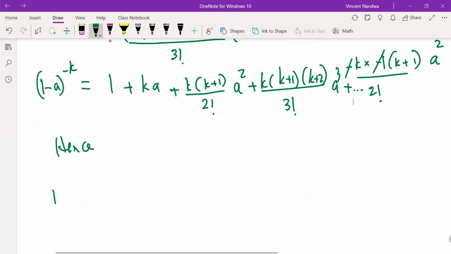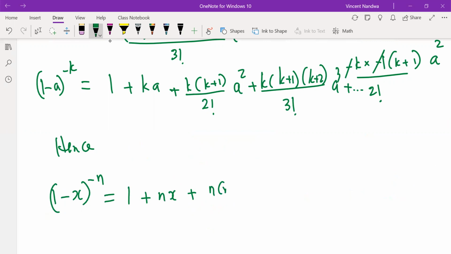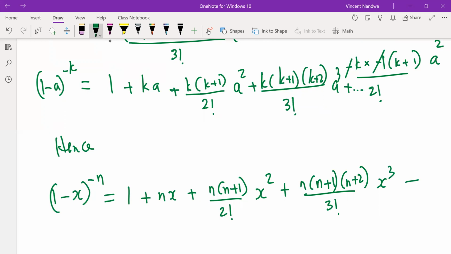if I have 1 minus x power negative n, it is just 1 plus nx plus n into n plus 1 over 2 factorial x power 2 plus n into n plus 1, n plus 2 over 3 factorial x power 3.